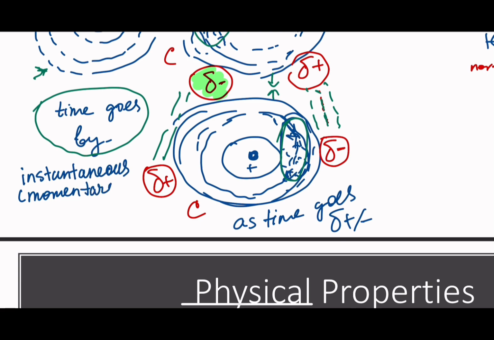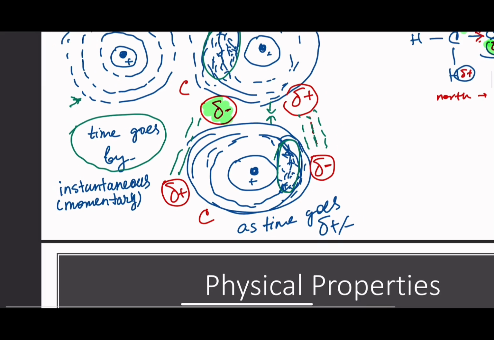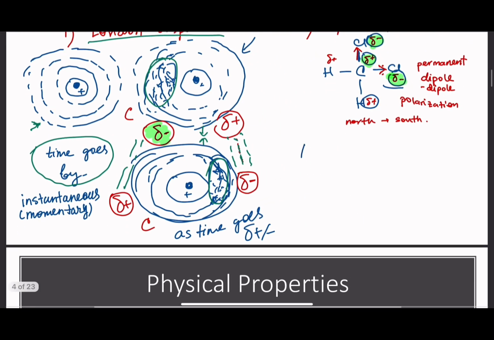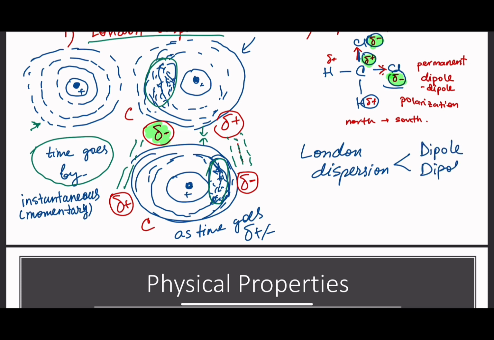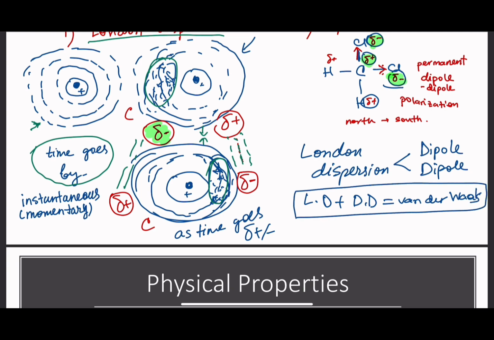It happens for some time and then it goes away. So London dispersion is weaker than dipole force. But altogether, London dispersion plus dipole give you van der Waals forces.